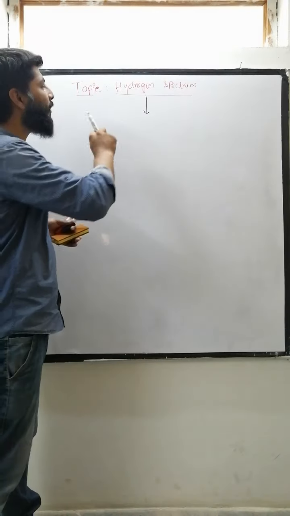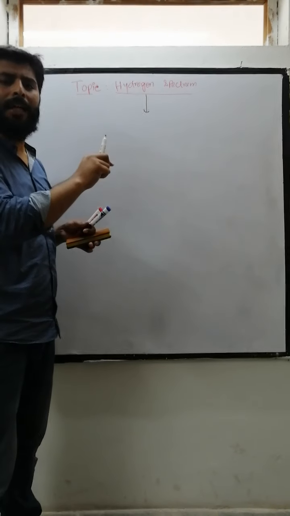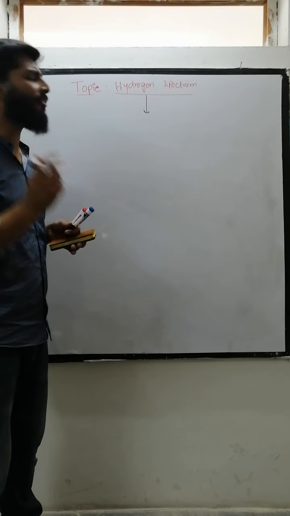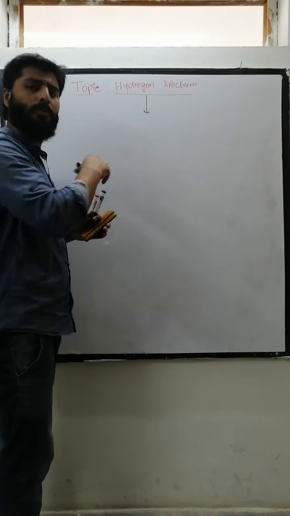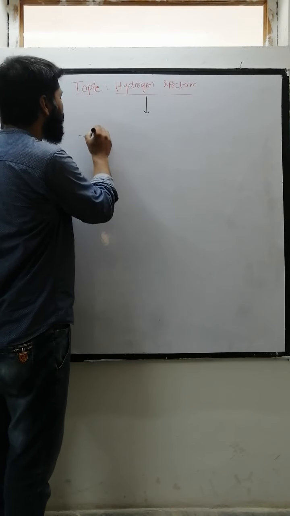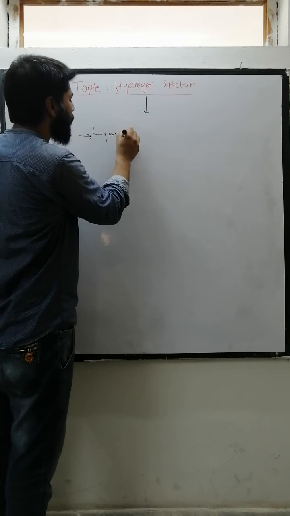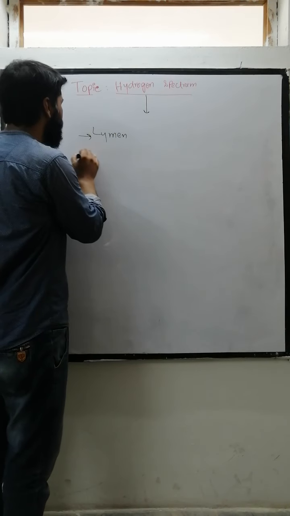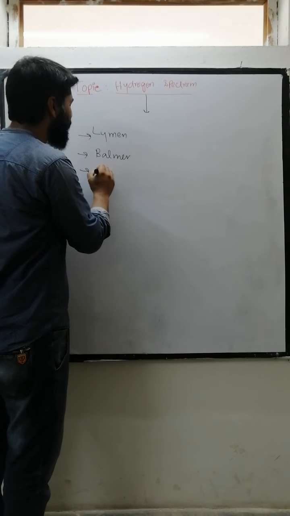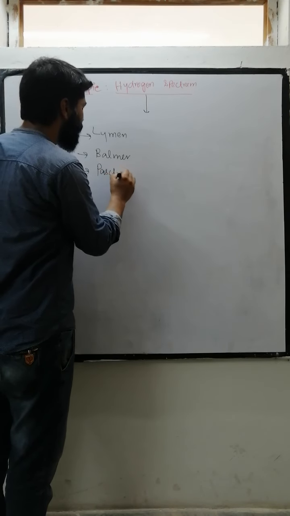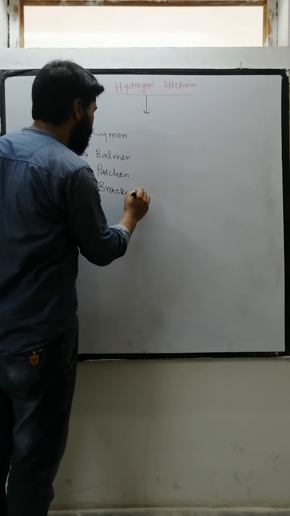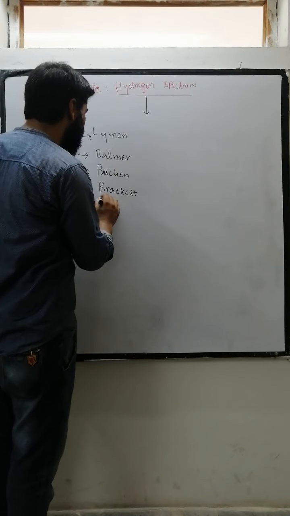By the combination of these small lines we will get a series. There are five different scientists who worked on the hydrogen atom: number one, Lyman; then Balmer; then Paschen; then Brackett; and then Pfund.